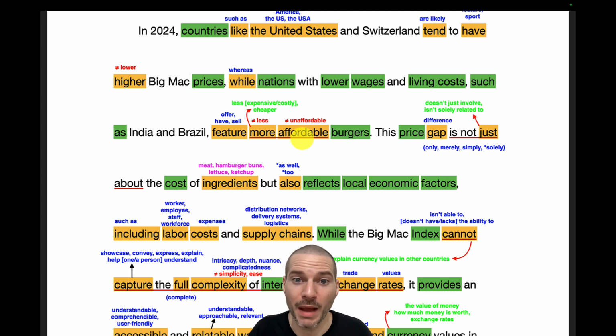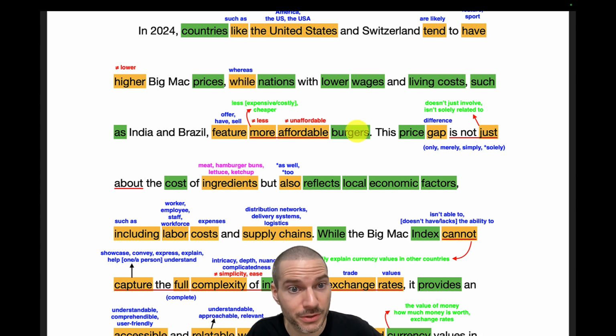Affordable means you can buy it and it's not too expensive. The antonym is unaffordable. So, feature, I reworded this. Let's read. Feature less expensive burgers. Feature less costly burgers. Or I can say India and Brazil feature cheaper burgers. The burgers are cheaper in those countries.